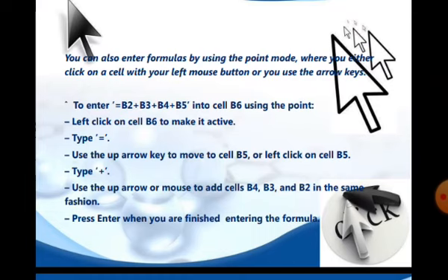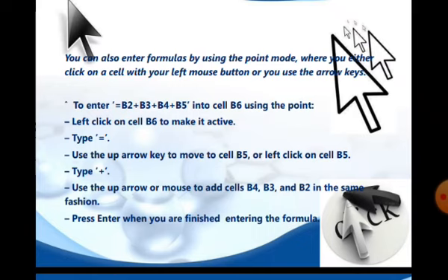After selecting the B2 cell, you have to enter the plus sign. So press the plus button so that the plus sign is added. Then click on the B3 cell. You see the address is automatically put in the formula. Then you again press the plus button and click on the B4 cell. You see the B4 address is added in the formula, and then again press the plus button and click on the B5 cell.